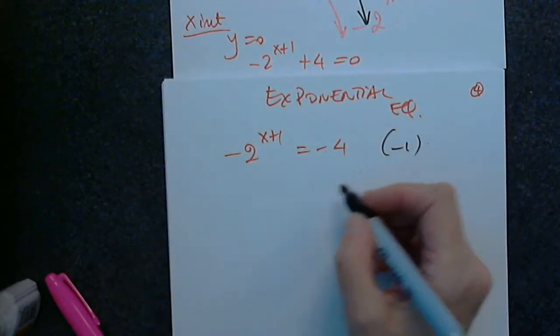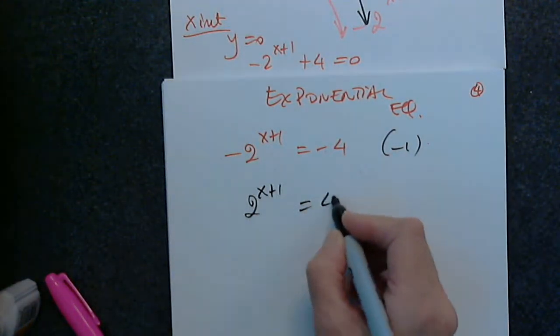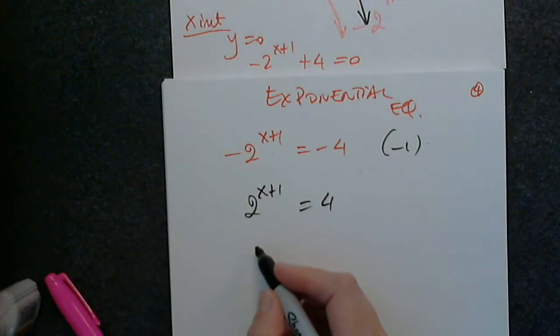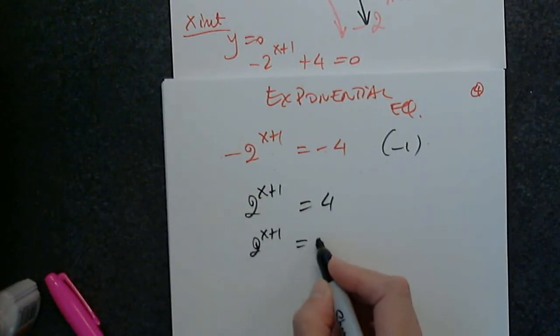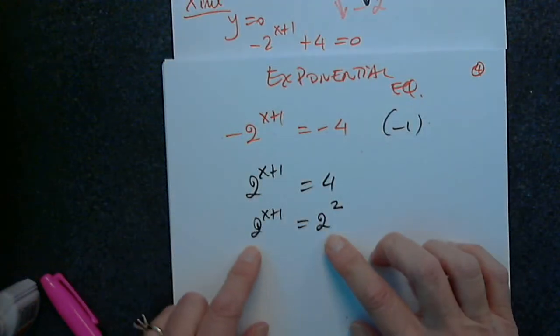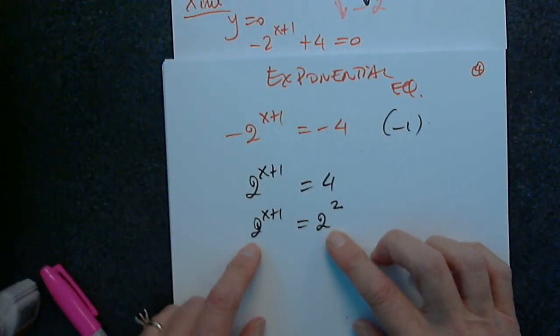Exactly. To clean it up, I need to do this first. Absolutely. And then, perfect. I have to change 4 into 2 squared. Very good. You cannot cross out or simplify the bases.